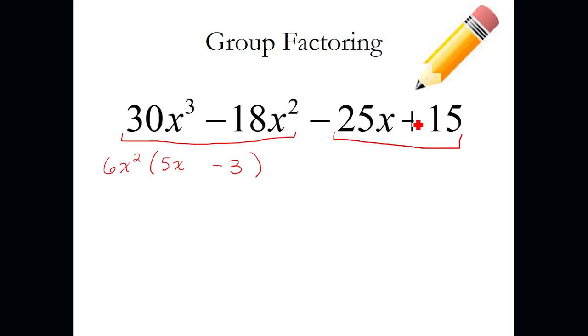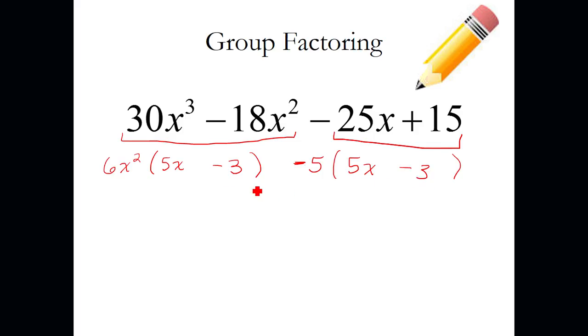Now look at these last 2 pieces. What number can I divide out of both 25 and 15? I can divide them both by the number 5, but because this lead coefficient here is negative, we'd want to divide a negative 5 out, making my x coefficient positive here. So negative 25 divided by negative 5 is positive 5x. 15 divided by negative 5 is negative 3.